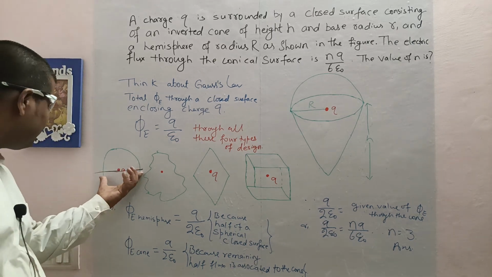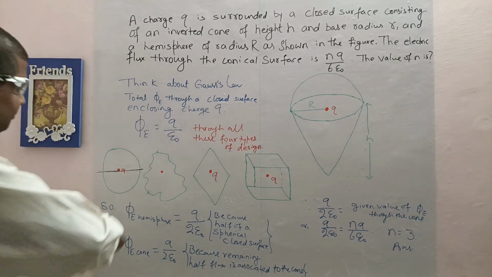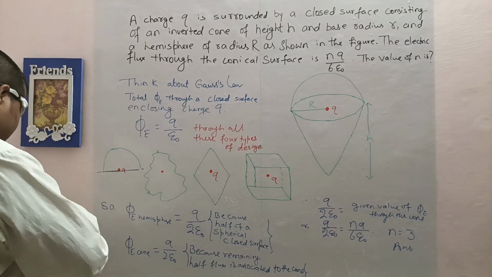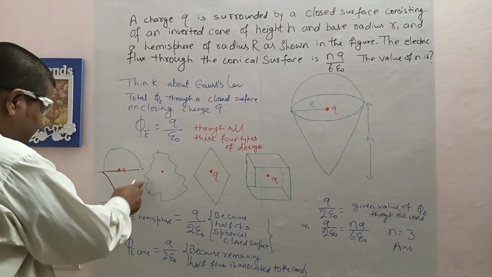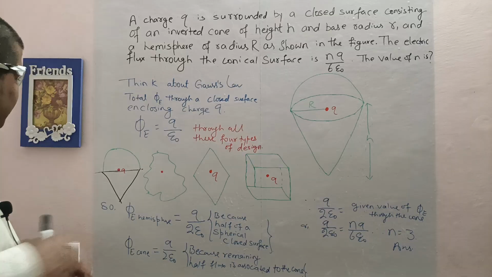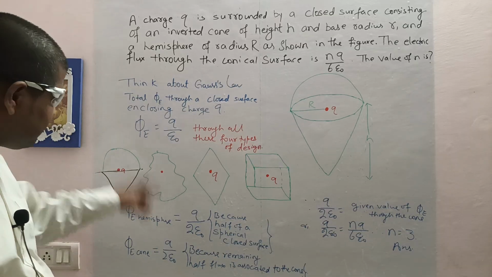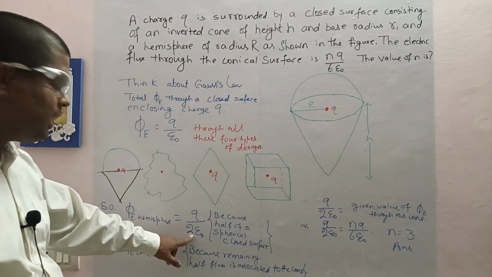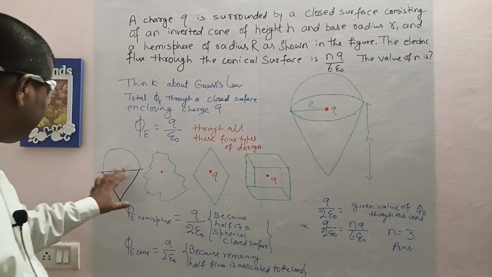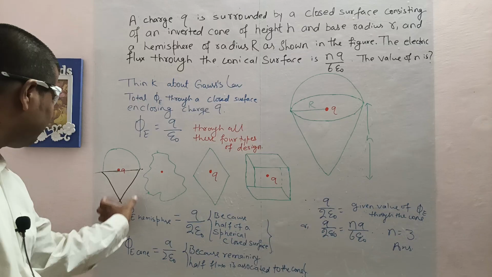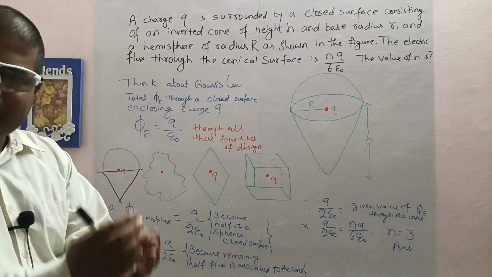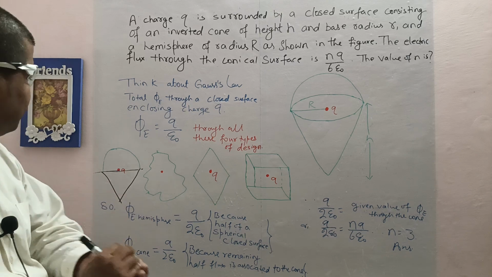Now the rest half is a sphere here. Remove this sphere and attach a cone here. Understood? Then the rest of the half electric flux is passing through this conical Gaussian surface. Earlier, a sphere was covering the entire charge.